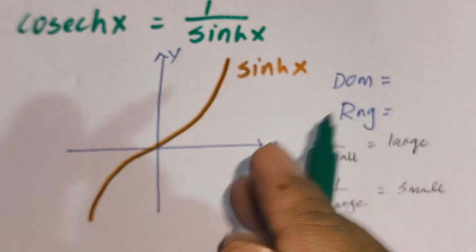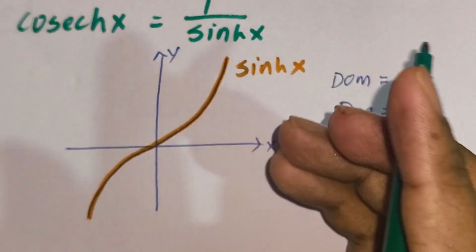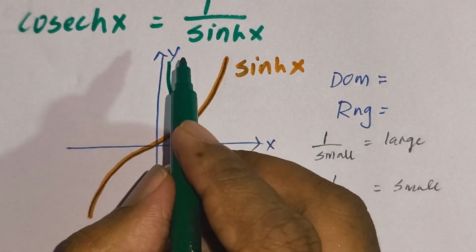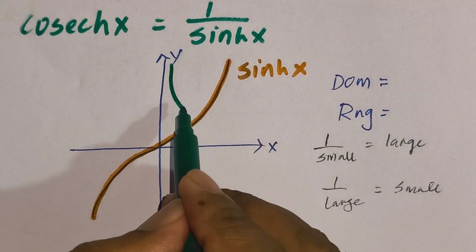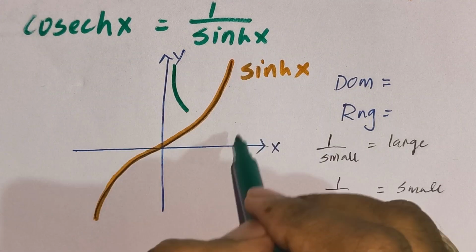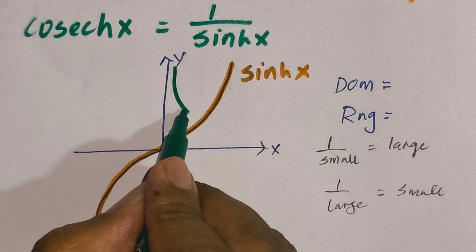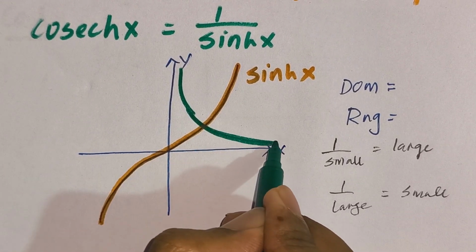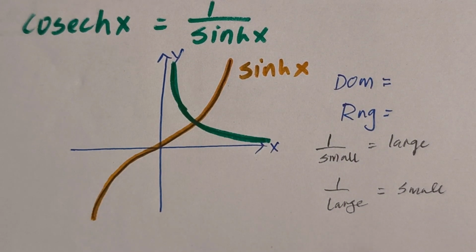So its reciprocal will get bigger and bigger positive, because heights are all positive on the positive x-axis. So cosecant hyperbolic will go towards infinity when you approach 0 on the x-axis, and when you go to larger x values, the heights are very large, so its reciprocal will go closer to 0. So in the first quadrant, on the positive x-axis, the graph of hyperbolic cosecant looks like this one.